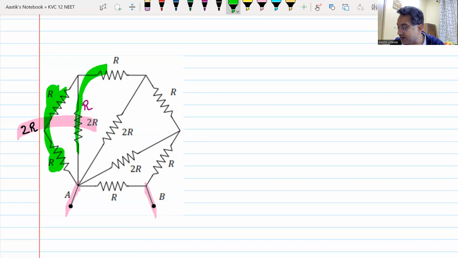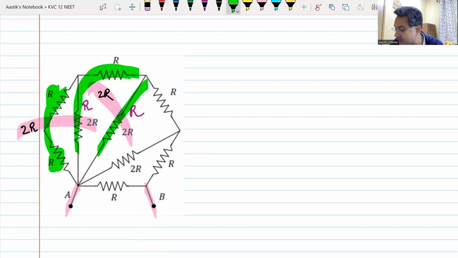Now this R and R are in which type of combination? Series. So R and R will become how much? 2R. Now this 2R and this 2R are in which type of combination? Parallel. How much will that become? R. See, it is so simple.